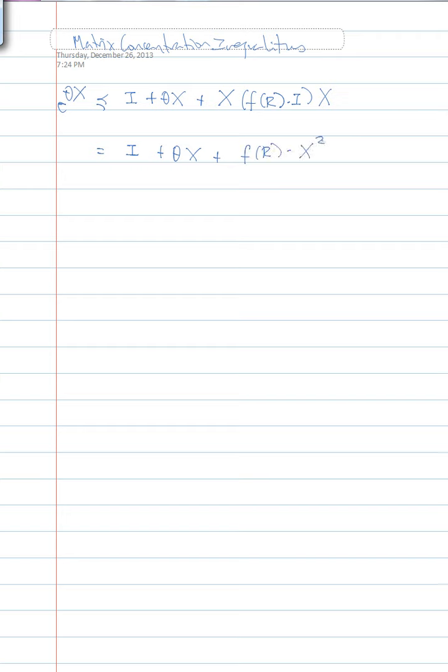So basically, I was using this inequality. We eliminated the conjugation. By conjugation, I mean we replaced this term by just f of r times x squared.